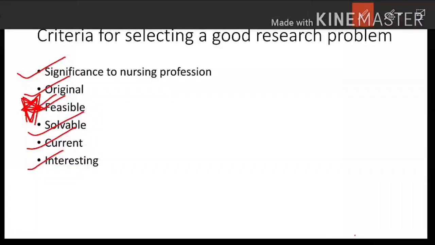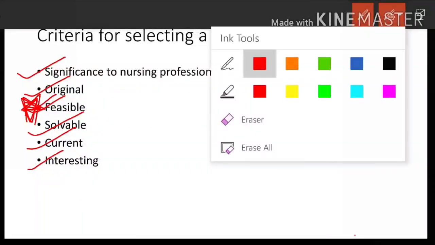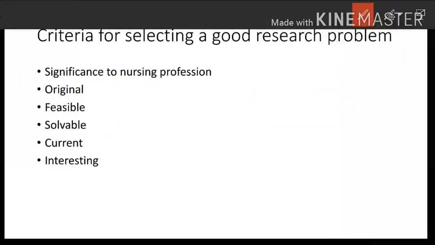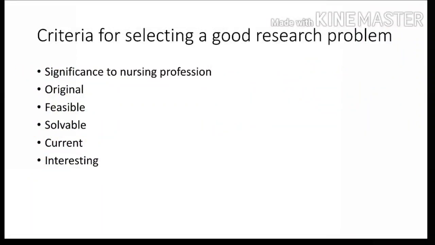So I hope these three things are clear to you: what are the criteria for selecting a good research problem, what are the sources from where you can get the research problem, what is the definition of a research problem, and what is the difference between the research problem and the problem statement.